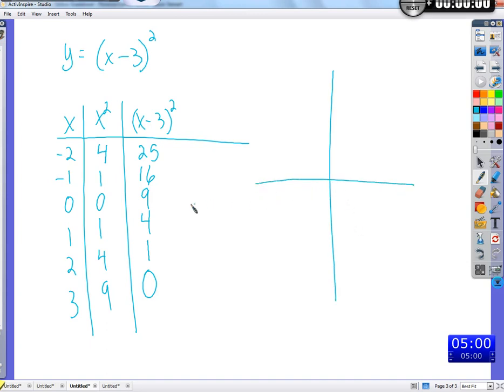So where this was at 0, 0, we have to go over to 3 in order to get an output of 0. Because before it ever gets squared, it gets 3 subtracted from it.